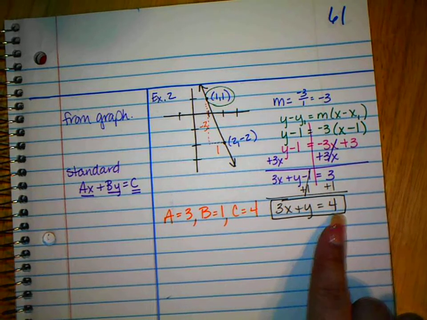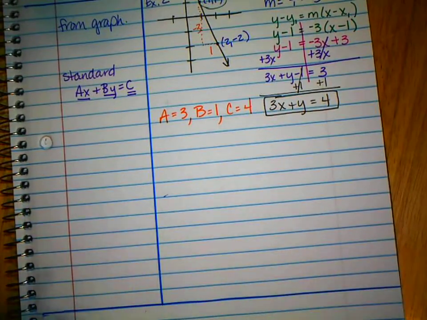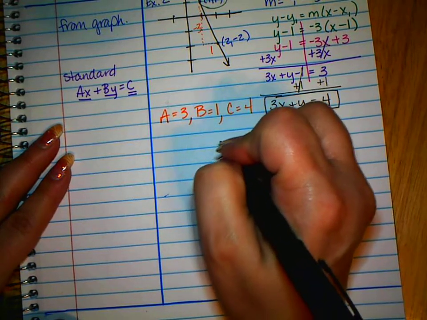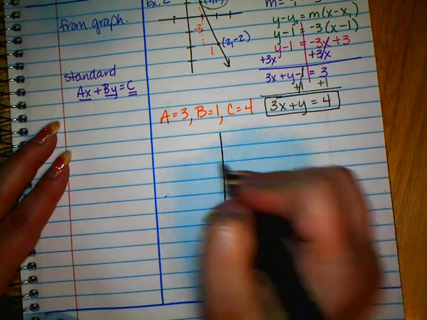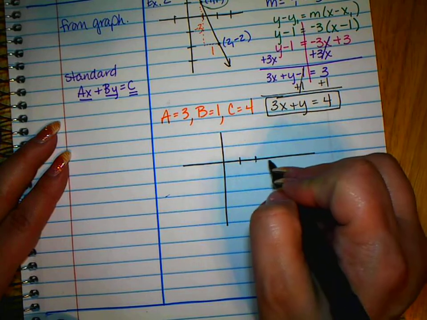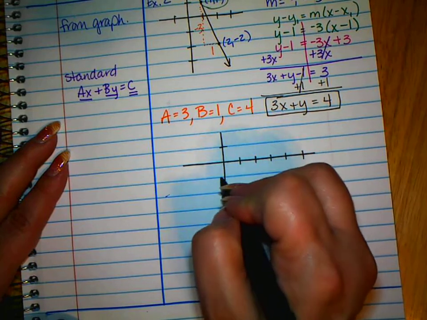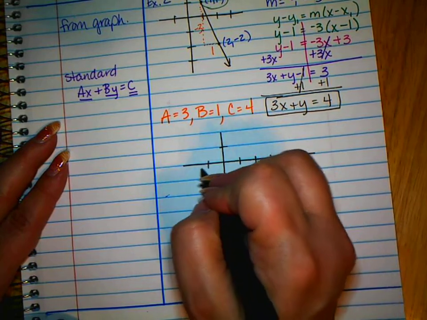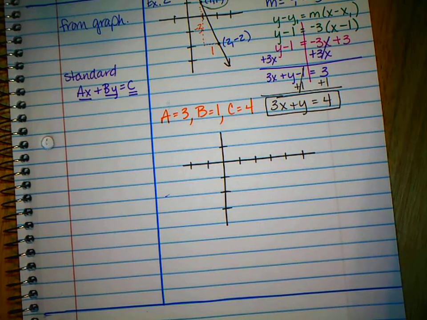Now we talked about our special lines earlier. So we've got another example we need to do. So let me draw my graph. Okay, there's my x and y axis.